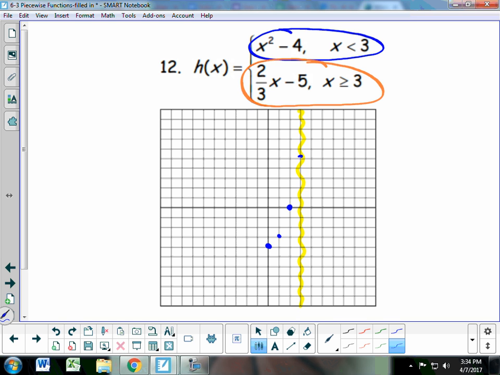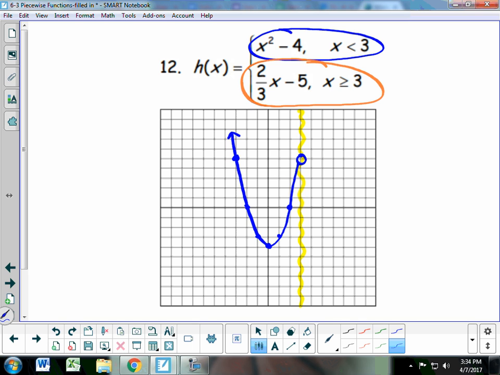And I see that it's less than, so I'm going to put an open circle there. And I'll graph to the left as well of the vertex, so right here, like so. So we're only going to see this portion of the parabola, kind of weird looking.